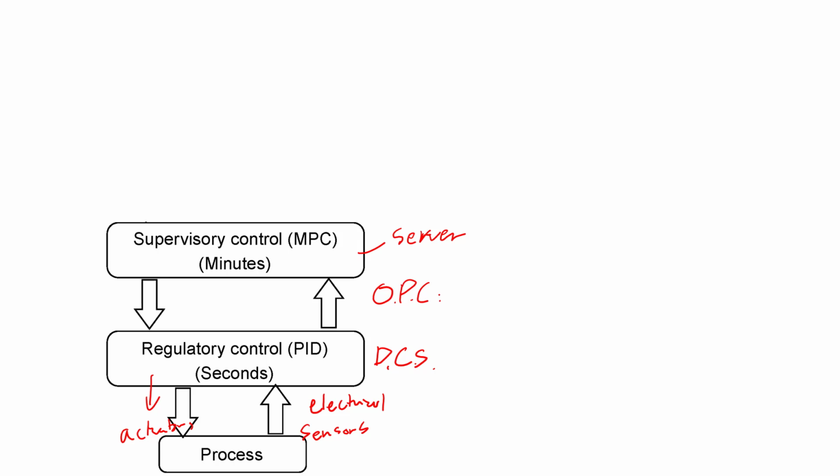The legacy term is OLE for process control, which is kind of a weird name because OLE is itself another acronym. OPC is basically just a communication protocol that allows your DCS to communicate with other servers for doing more advanced applications.